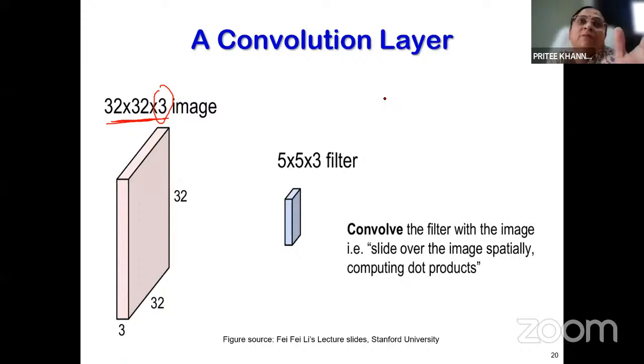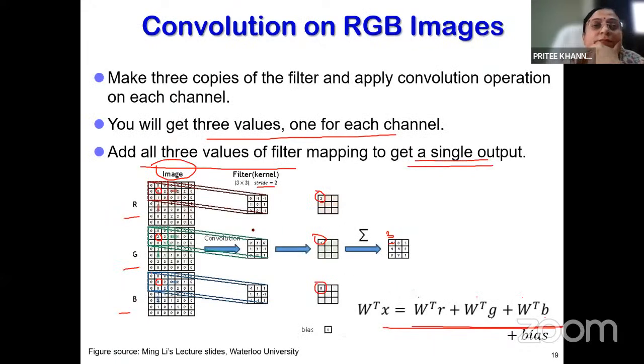Then later on, when you will be learning filters, the situation will be different, right? Initially, you can understand that. So here you can see your filter, initially this 5 cross 5 cross 3, so 3 copies of that. And later on, the filter will learn. So now we are going to convolve.